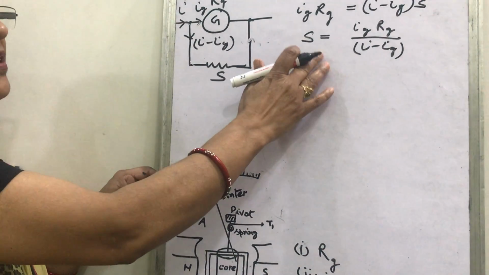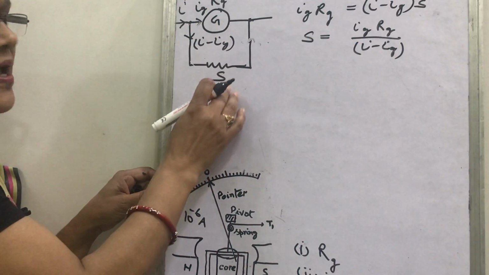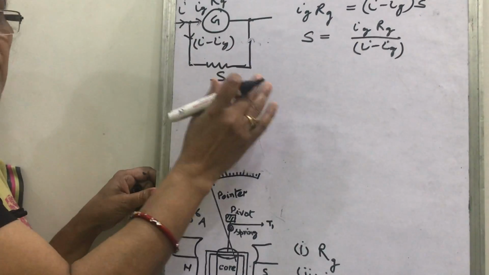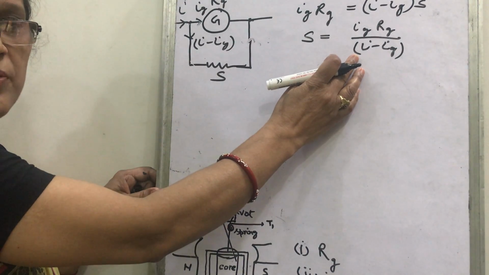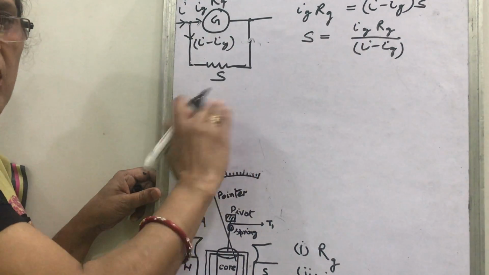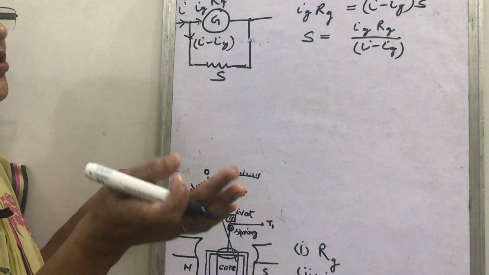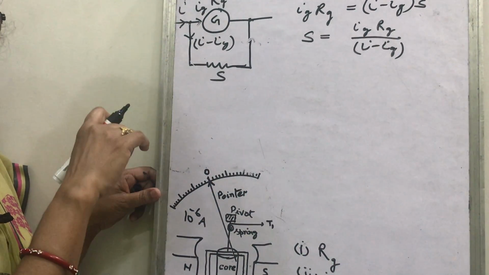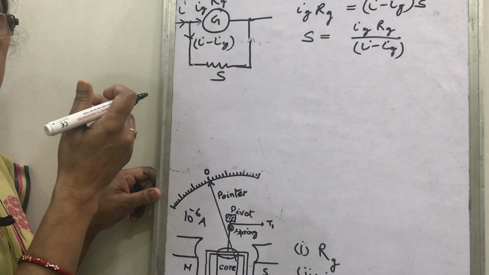Now look here, this value of shunt can be calculated for converting a galvanometer into the required range of ammeter. Range of ammeter means the value of I, how much it can read. One point again: you cannot decrease the range of the ammeter.